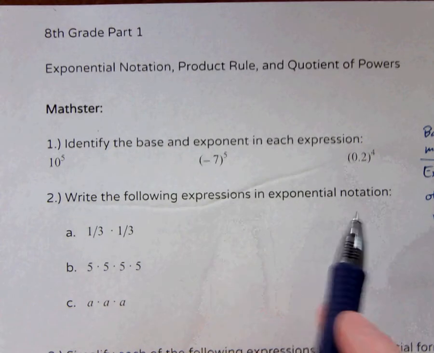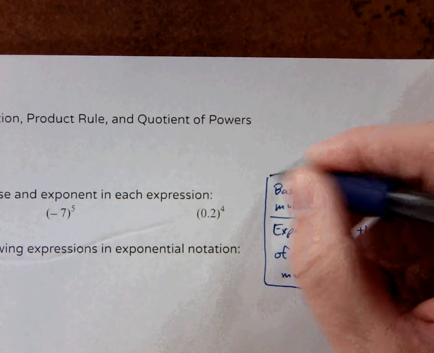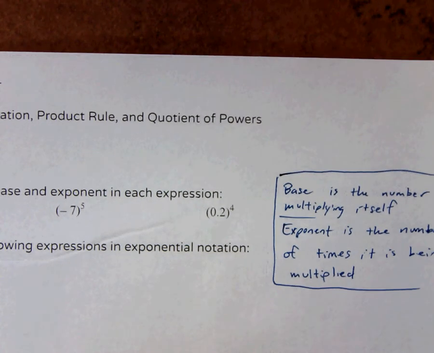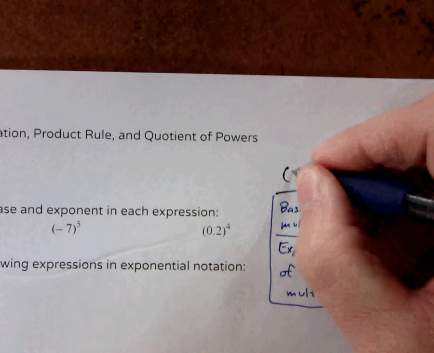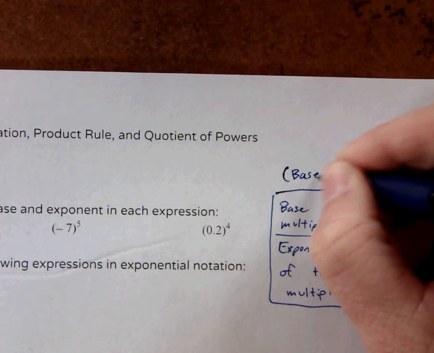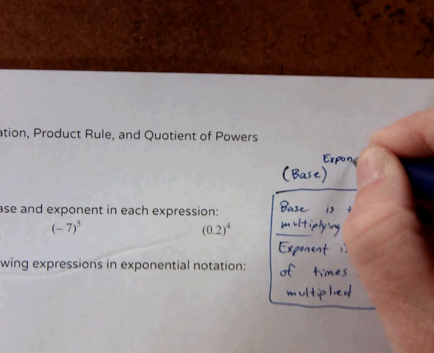Really, if we look at these 3 examples, the base is the big number and the exponent is the little number. It's basically base to the power of exponent.